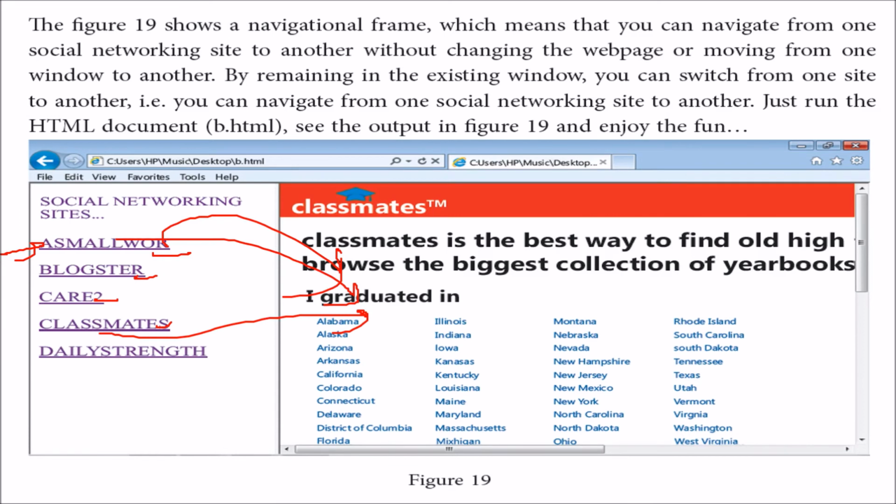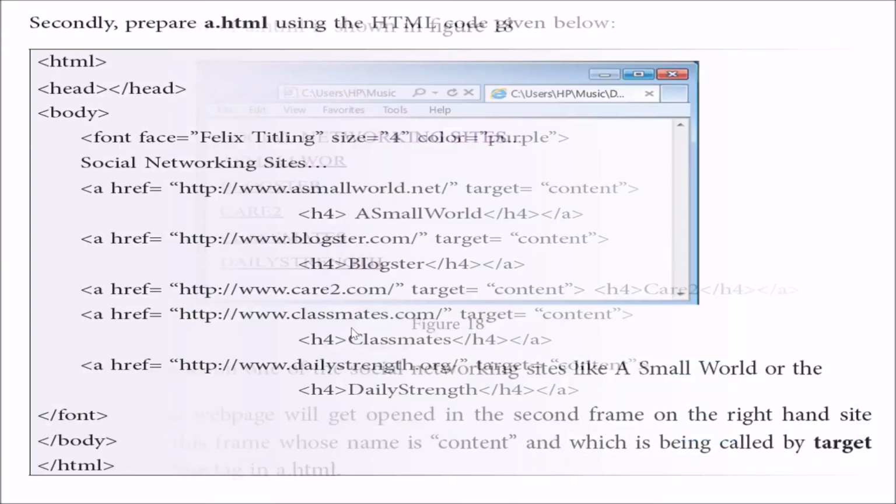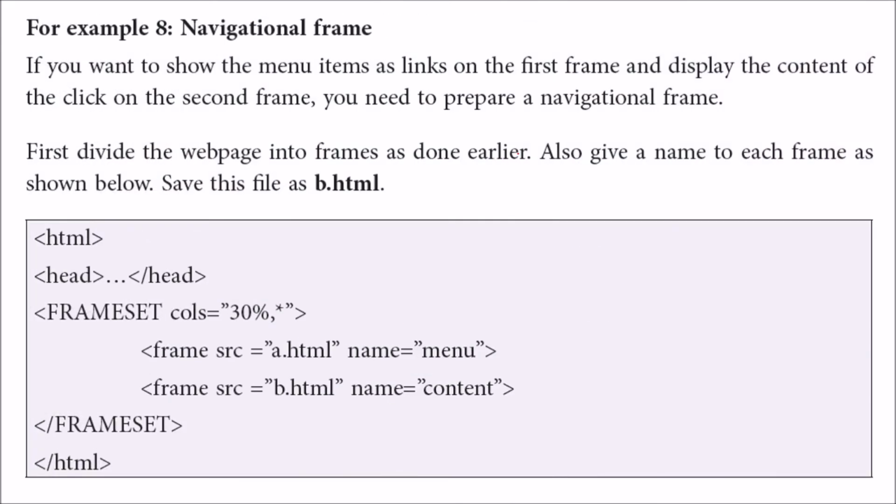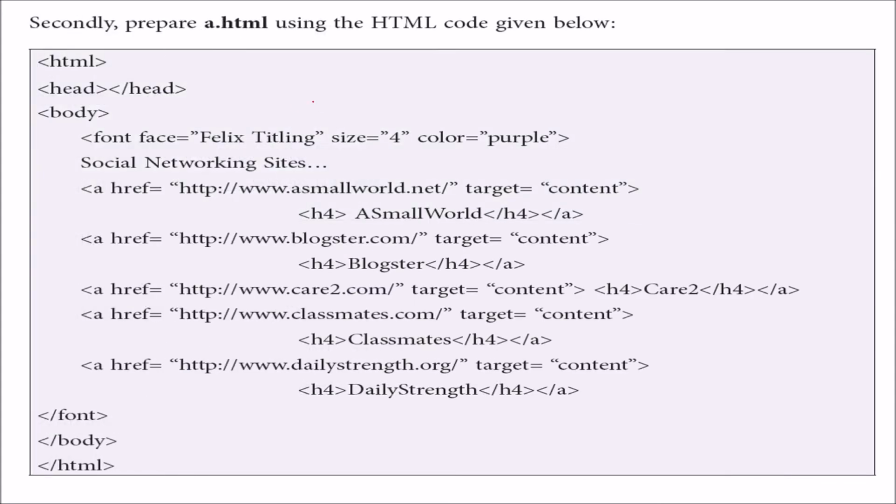Let's go to our code. I have a simple suggestion: the way the book has shown us, you will not be able to make it like this. So b.html, or a.html, is good, but there has to be something else.